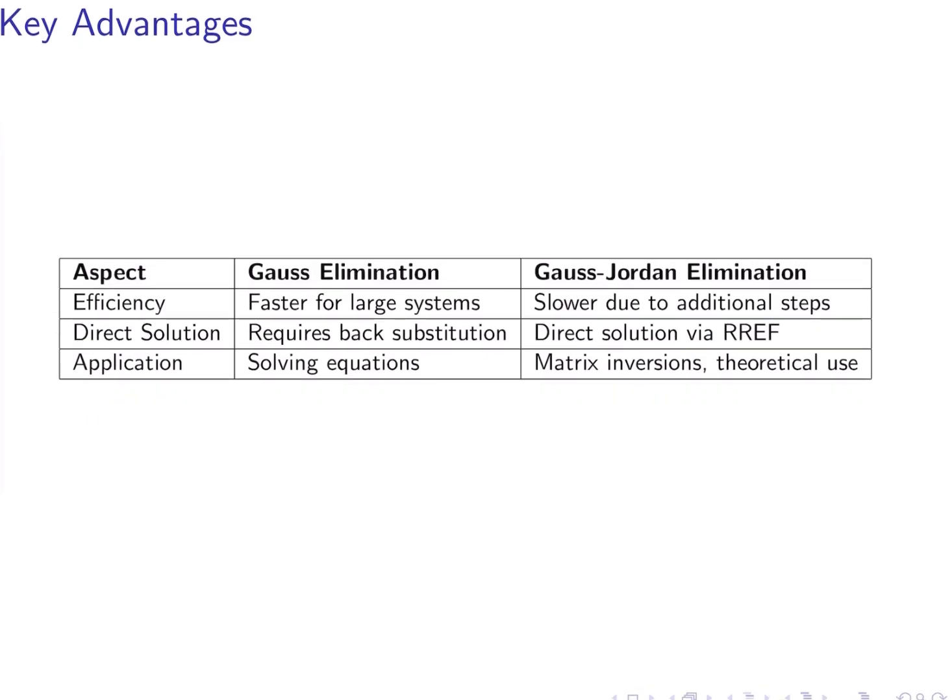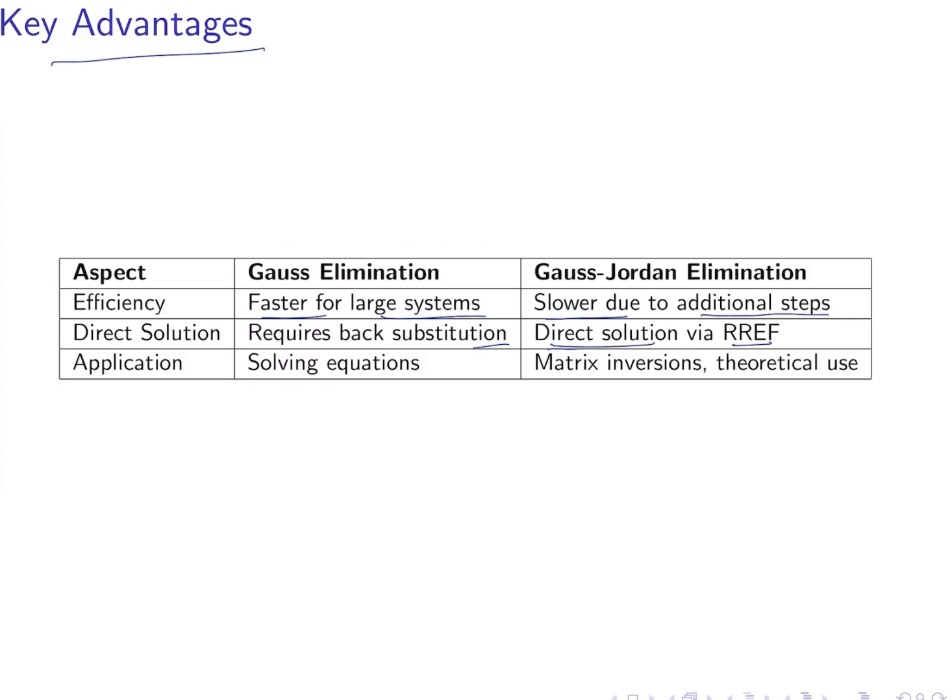Now the key advantages of where we use these two methods. As we talk about efficiency, Gauss elimination is faster for large systems, right? But Gauss Jordan is slower due to additional steps. And for direct solution, Gauss elimination requires back substitution, but Gauss Jordan gives the direct solution via RREF.